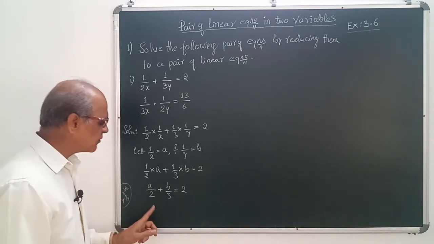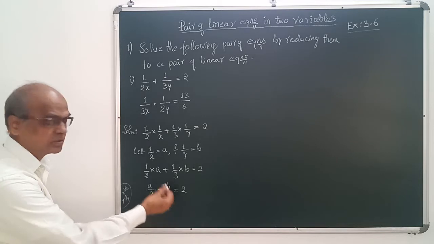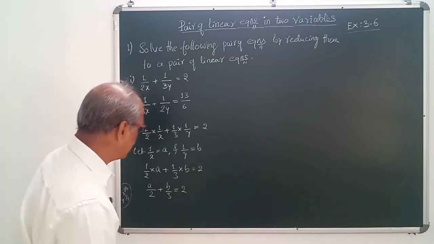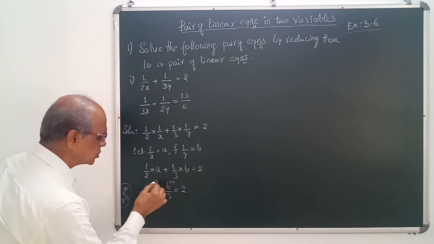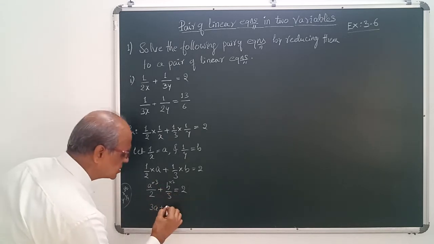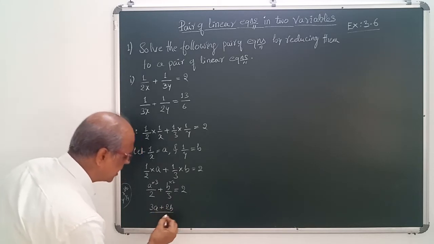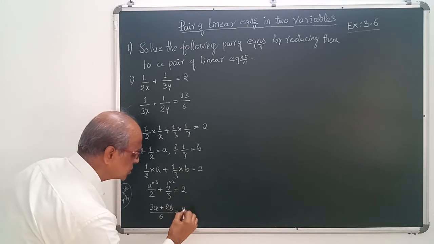Now we have to simplify by the LCM method. Here it is 2 and 3. That means 6 is the LCM. 2 3s are 6 and 3 2s are 6. That means 3 into a is 3a plus 2 into b is 2b, divided by your LCM 6, which is equal to 2.